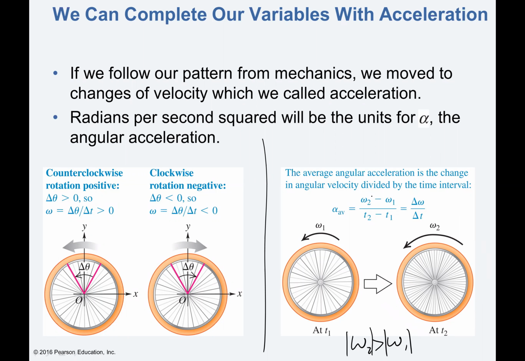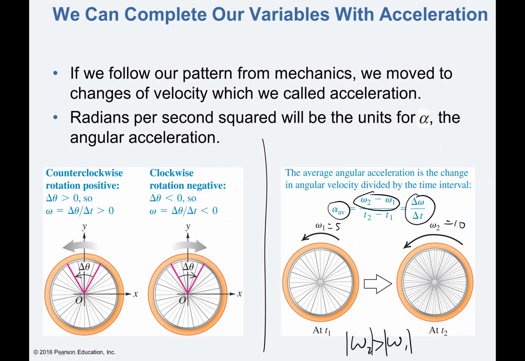That means when you do the difference between them, omega 2 minus omega 1, let's say this is 5, and let's say this is 10, then you can do the difference, 10 minus 5, you get positive 5. Then you do the ratio, delta omega over delta t, and you're going to get alpha. Okay.